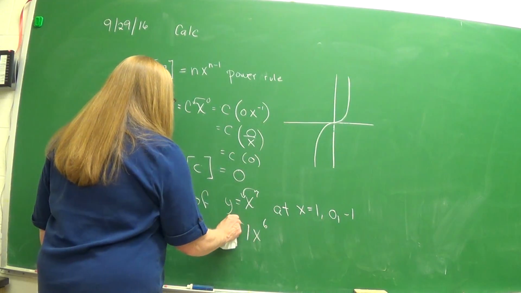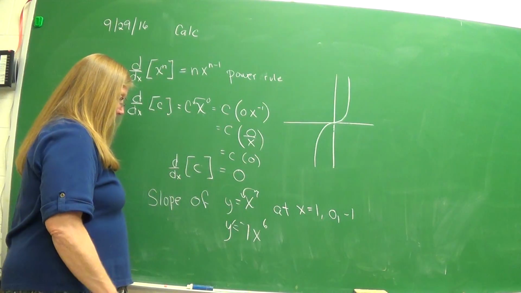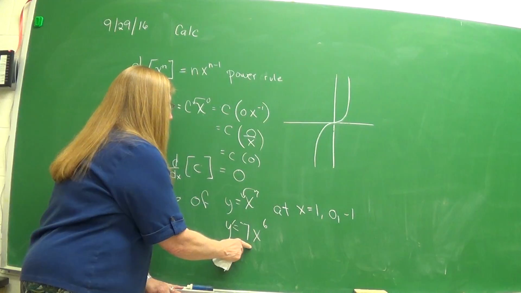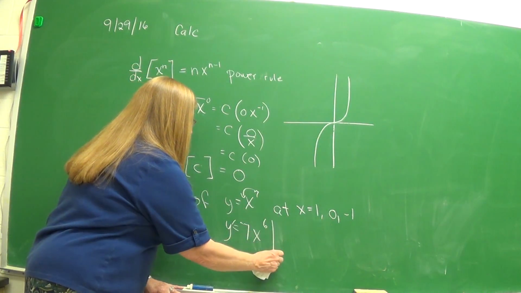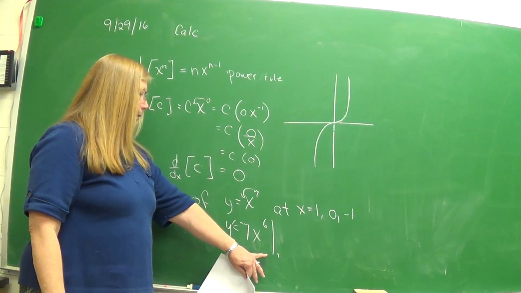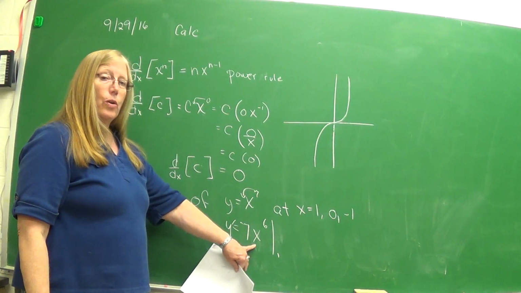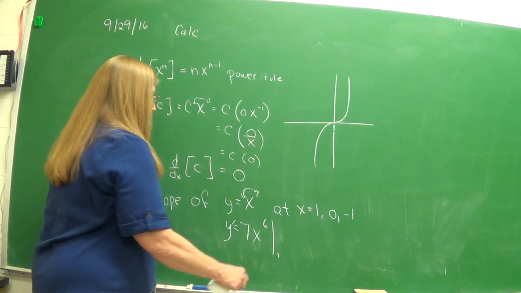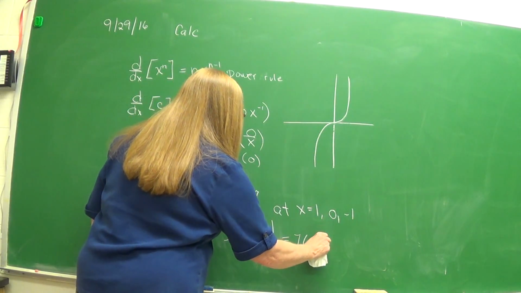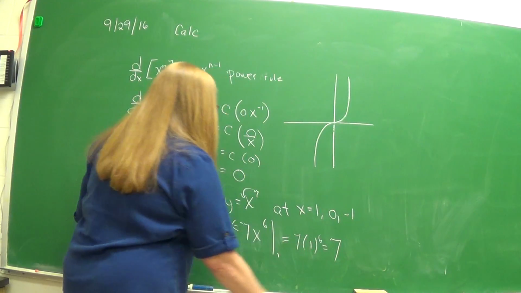So that is the derivative, and I'll indicate it with y prime. Now I want to evaluate that expression at x equals 1. I can indicate it with a line and a little 1 there. That tells the reader that I'm going to substitute 1 into that expression. And I'm going to get 7 times 1 to the 6th, which is 7 times 1, or 7.